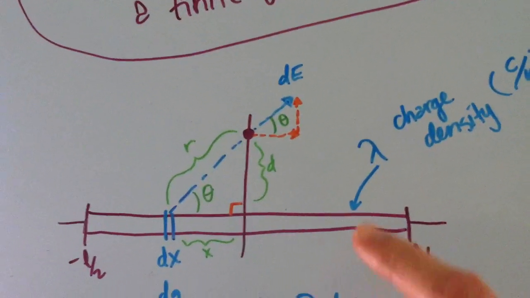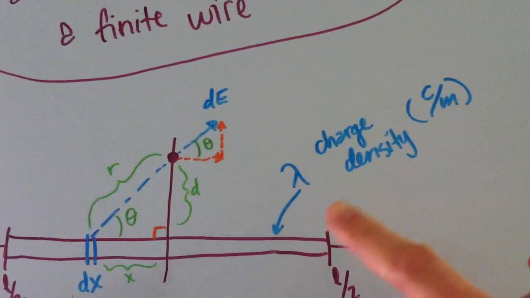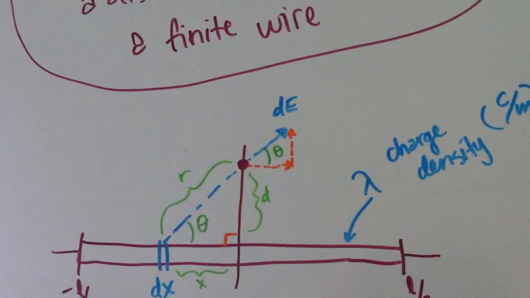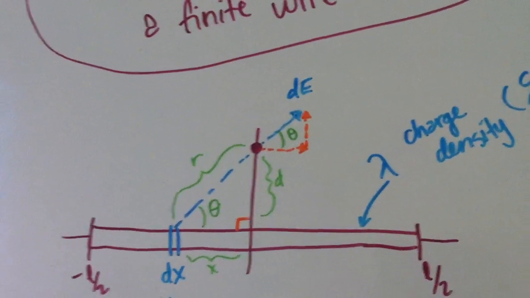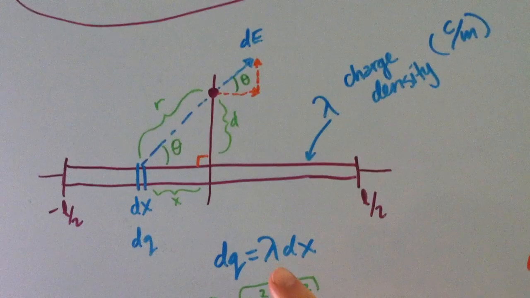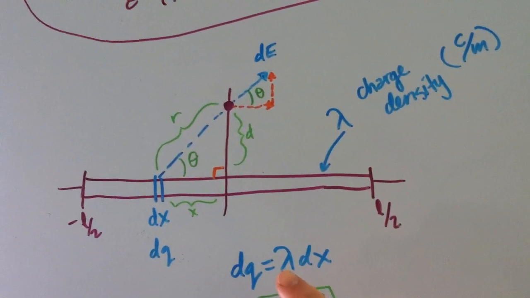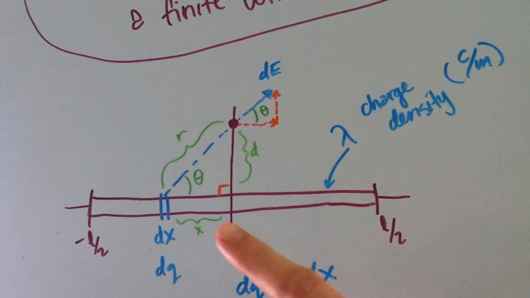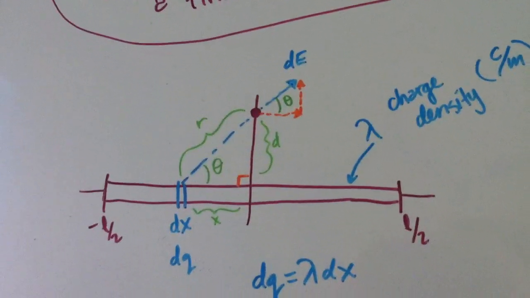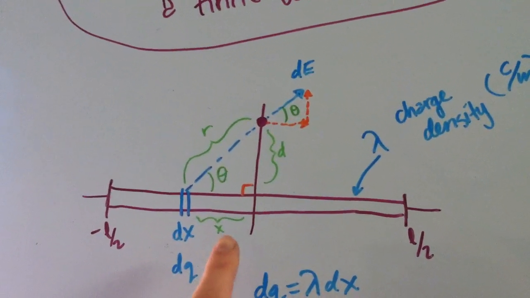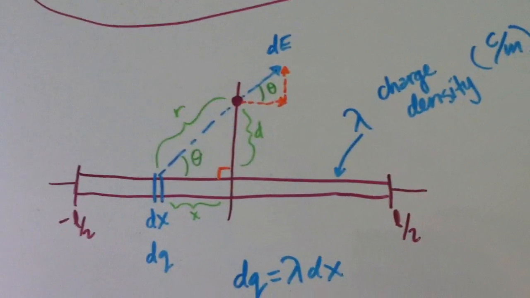And the charge density on this rod is lambda, which is in coulombs per meter, then we can say that dq, the very small charge here, is equal to lambda times dx, which is the charge density times the very small part of the rod, where the very small part of the rod is a distance x away from the center of the rod.